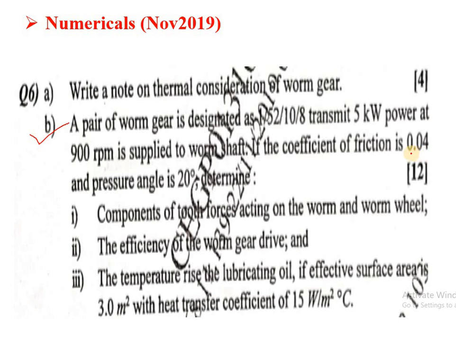If the coefficient of friction is 0.04 and pressure angle is 20 degree, determine the components of tooth forces acting on worm and worm wheel, the efficiency of the worm gear drive, and the temperature rise in the lubricant oil if the effective surface area is 3 meter square with a heat transfer coefficient of 15 W per meter square degree Celsius. So this is the statement and these underlined terminologies are your input parameters.